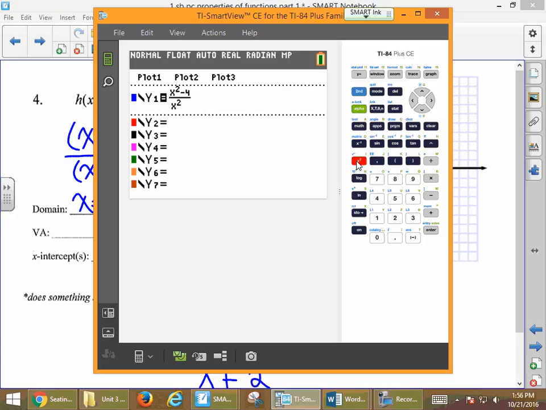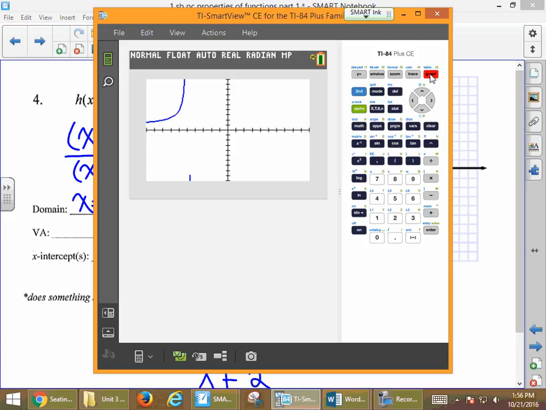You could have typed in the factored version as well. It'll still give you the same answer. It's the same thing. So when we look at the picture here, there's our picture.